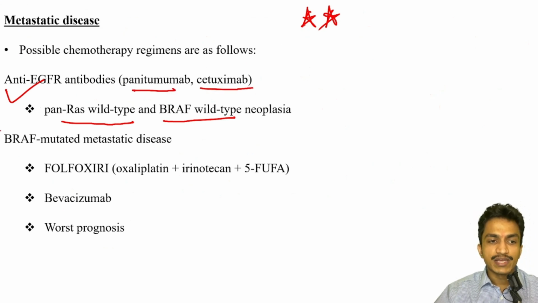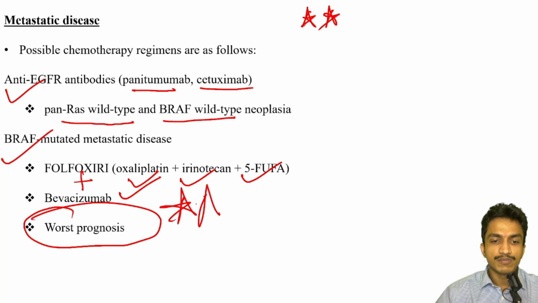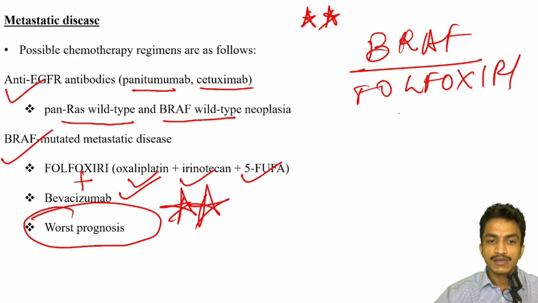For patients having BRAF mutation, we give FOLFOXIRI, that is oxaliplatin, with irinotecan, with 5-fluorouracil, with leucovorin. Associated with that, because of the BRAF mutation, we give bevacizumab. But understand, if the patient is having BRAF mutation, then it is associated with a worse prognosis. So for BRAF mutations, we usually give FOLFOXIRI plus bevacizumab.